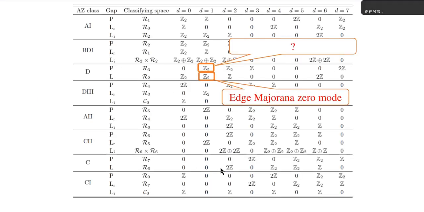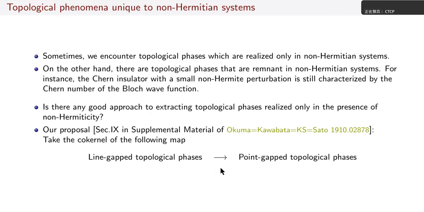In some sense, this table lacks information about which classification is specific to non-Hermitian systems. So the question is: is there any good approach to extracting topological phases realized only in non-Hermitian systems?